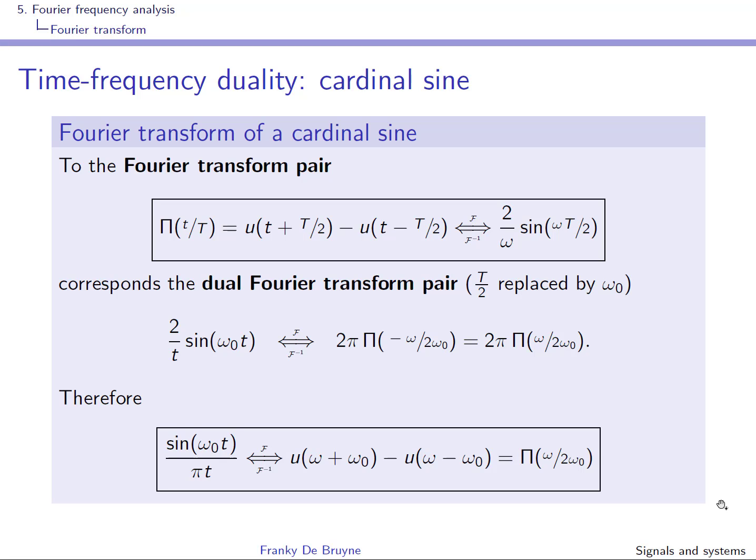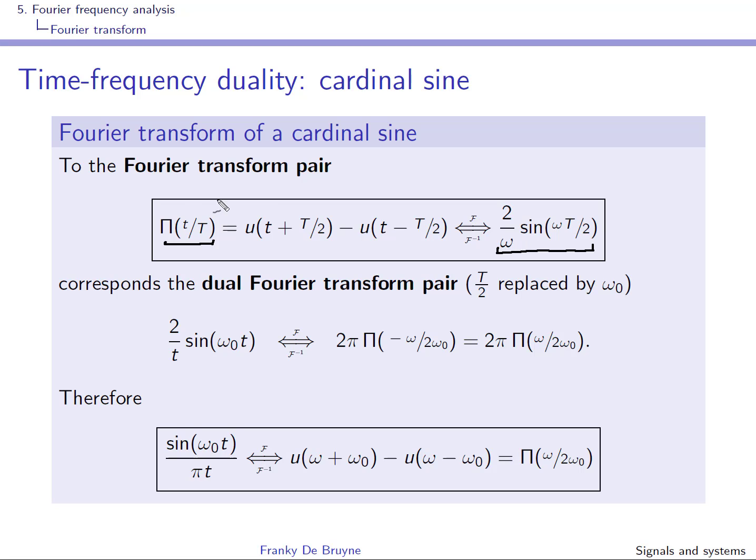So in the preceding slide we had used time frequency duality to find the Fourier transform of a constant. Now we'll use this same property to find the Fourier transform of a cardinal sine. Remember that at the beginning of this subsection on the Fourier transform, we had found the Fourier transform of a rectangular window, right? And we had seen that it was a cardinal sine and that it could be written like this.